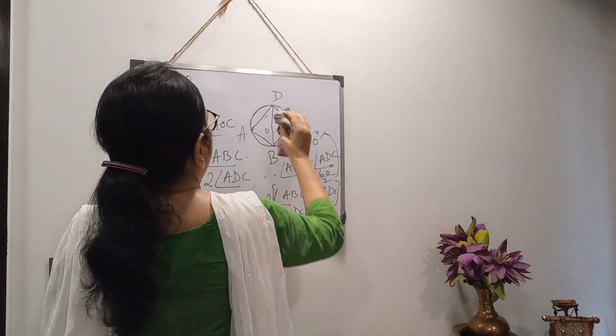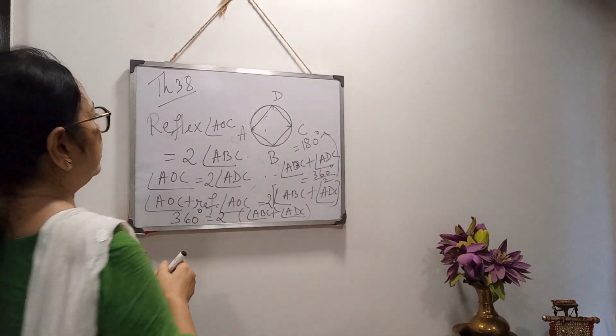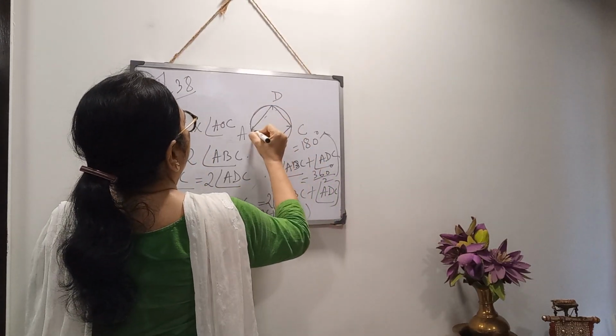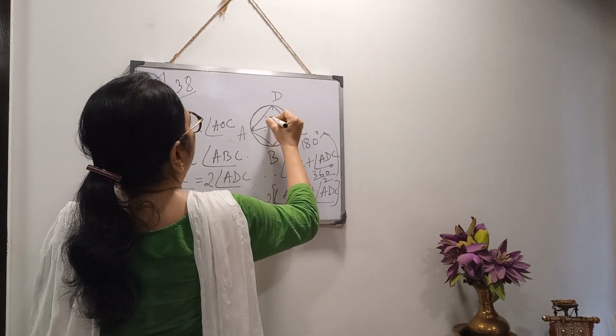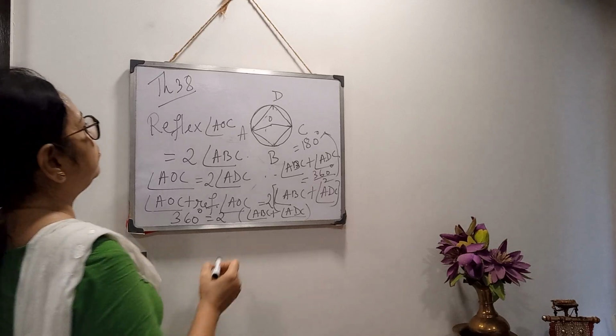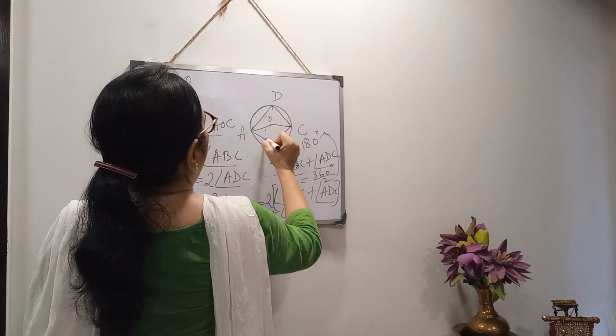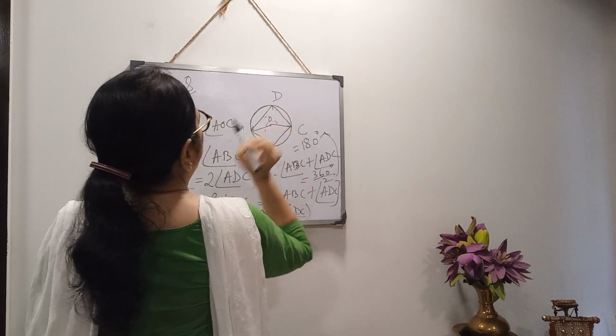First I will prove that ABC plus ADC equals 180 degrees. Then I joined AO and OC. Clear? With respect to angle ABC, this is the reflex angle.